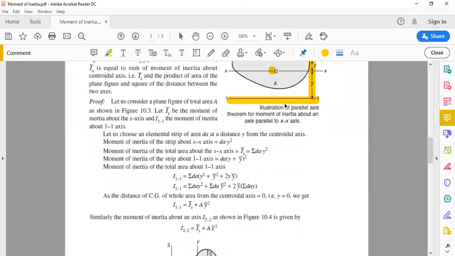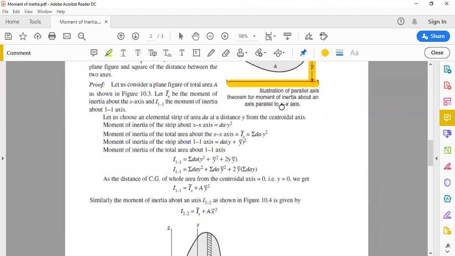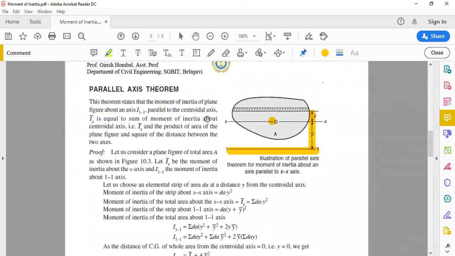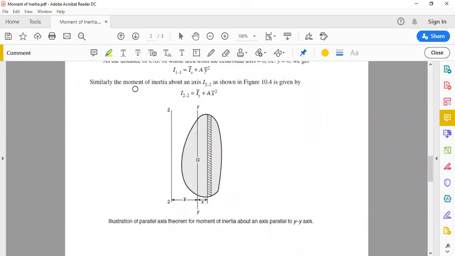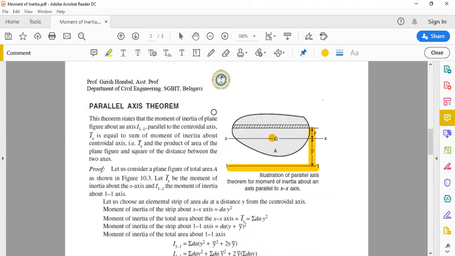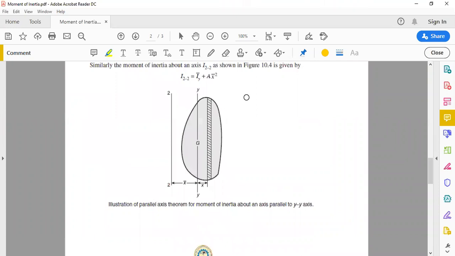So this was with respect to the horizontal axis. Similarly, the moment of inertia about an axis I22, which is shown in this figure, can also be calculated. Here you have the reference y axis, which is coinciding with the center of gravity.